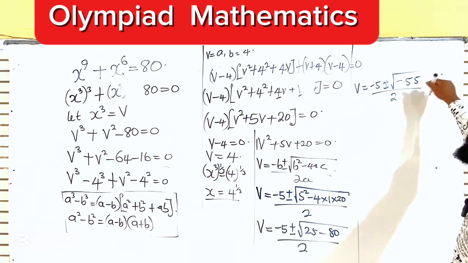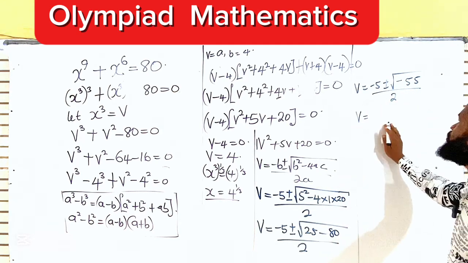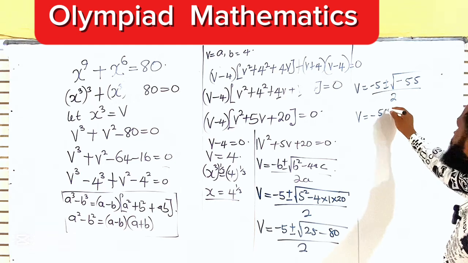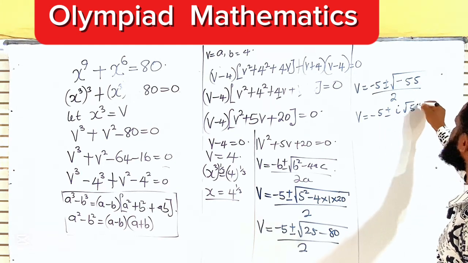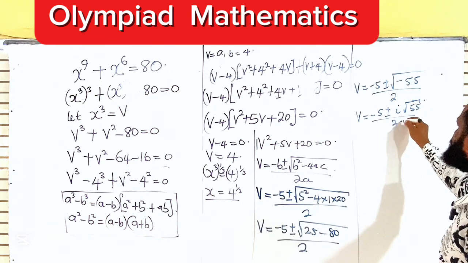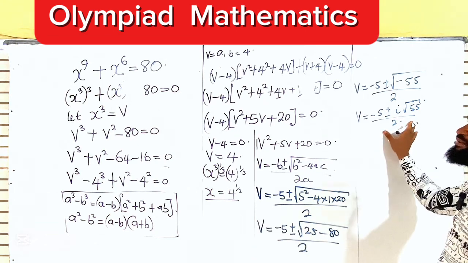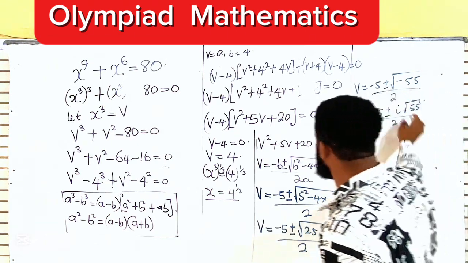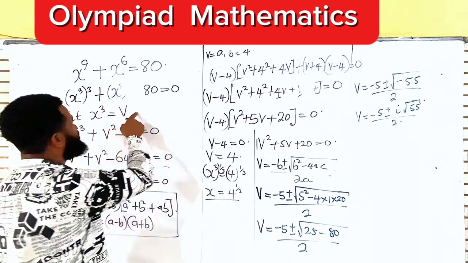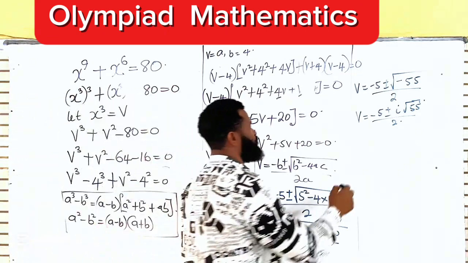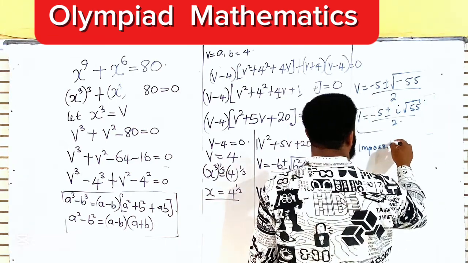So at this point, this is a complex variable. So V is equal to minus 5 plus or minus i root 55 all over 2. So for that reason, because it's a complex value, it will not be possible to fit into these real values of x. Therefore, I'm going to tag all these values as impossible values for this x.